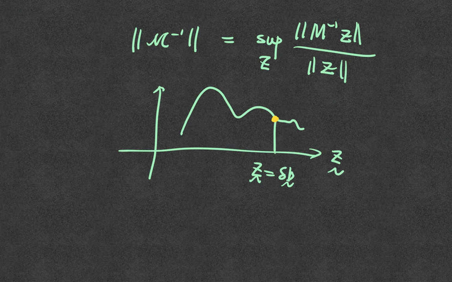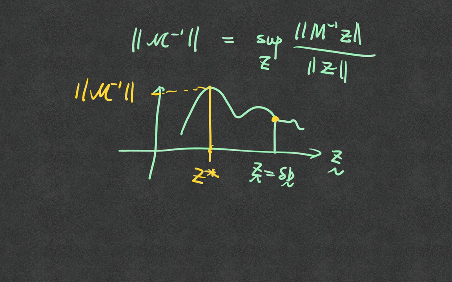Okay, at this particular point, I would have another point that is in some Z star, and I don't know what Z star is. It's not necessarily related to the particular solution I'm interested in. But then it will be the M minus 1 norm.